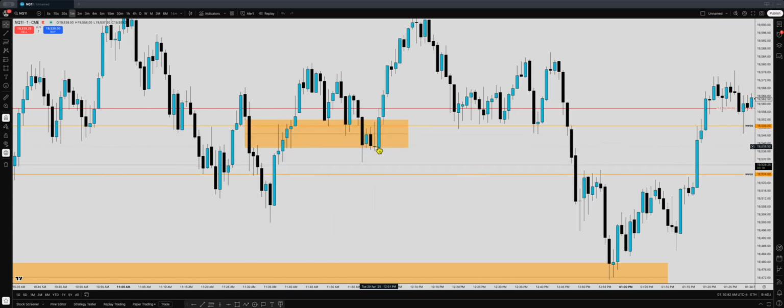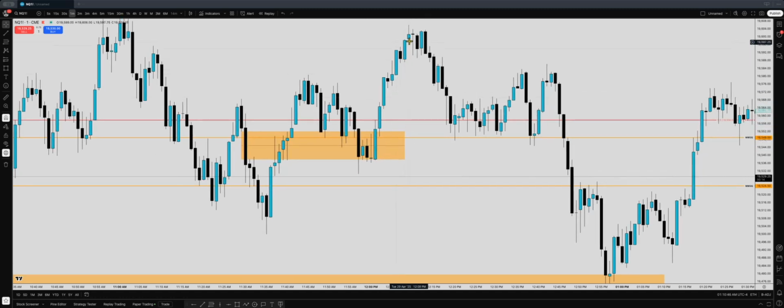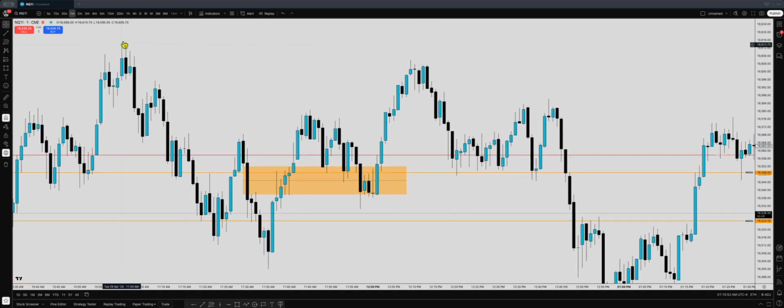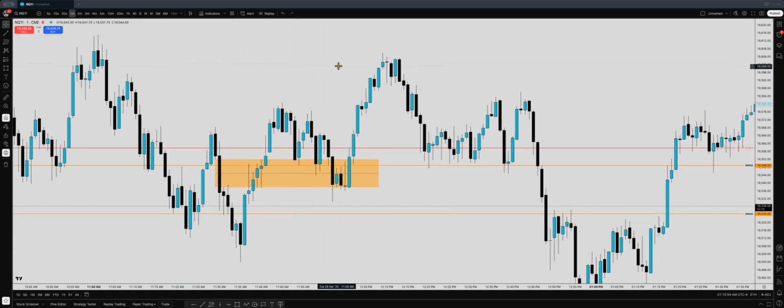It does go just a little bit deeper than I would have liked, but ultimately pushed up, took out this swing high, this swing high. Obviously, I would have been aiming for here, but it would have fell short and ultimately comes back. And if you didn't move your stop loss, it would have taken you out. Perfect. All right.